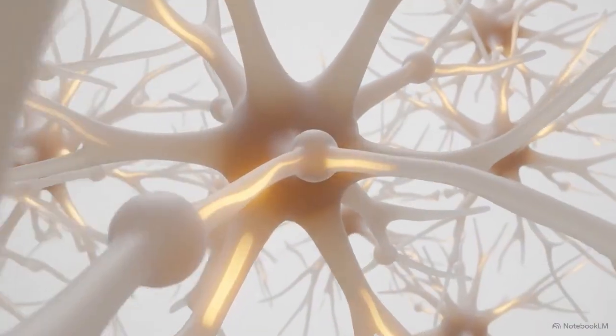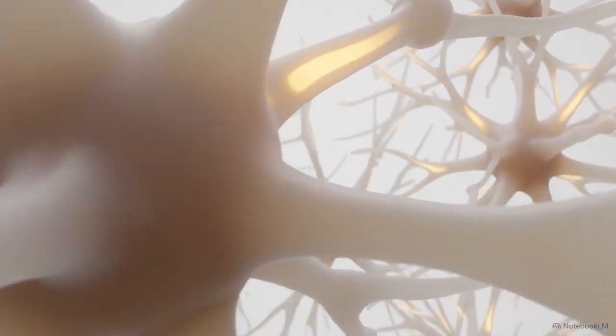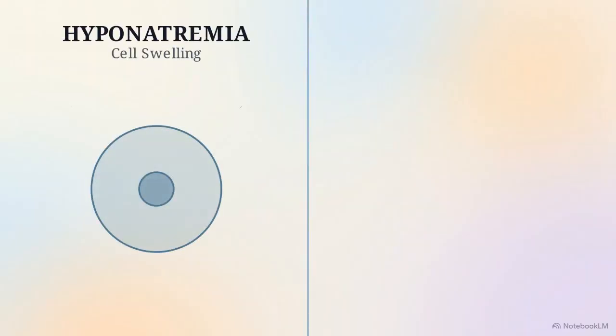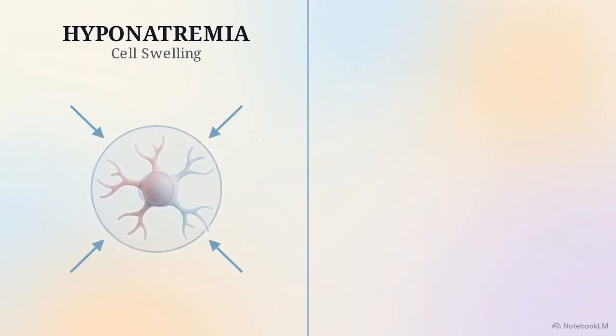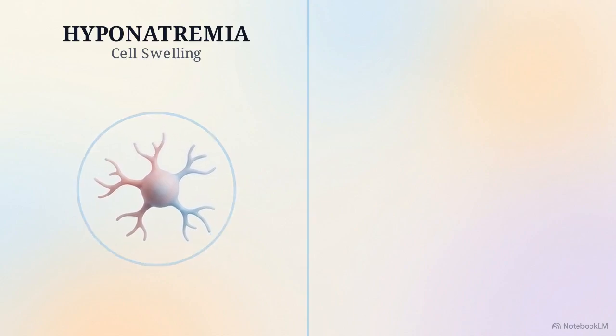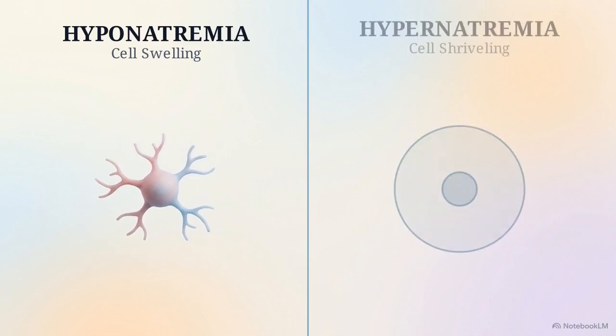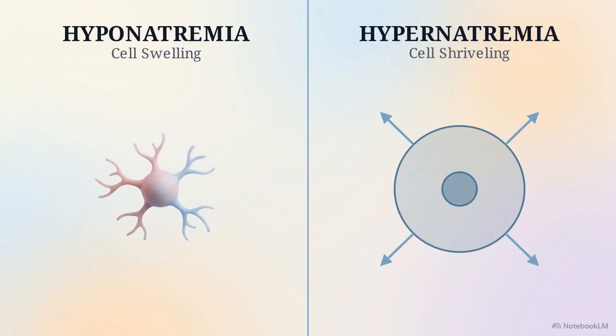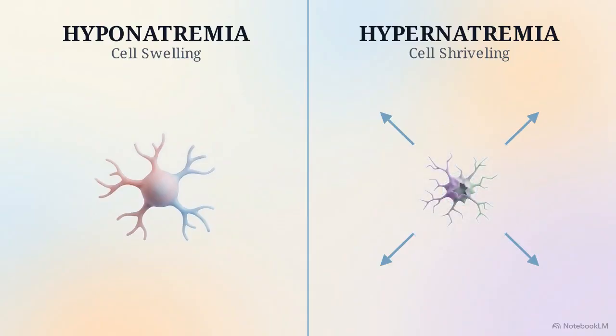In the brain, these values are the primary drivers of neurological stability. If serum osmolality drops, hyponatremia, water rushes into the cells, causing neurons to swell and creating seizure risks requiring hypertonic saline. Hypernatremia reverses this. High osmolality pulls water out, causing neurons to shrivel.